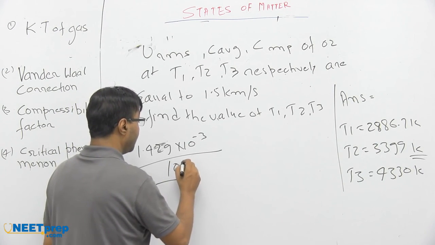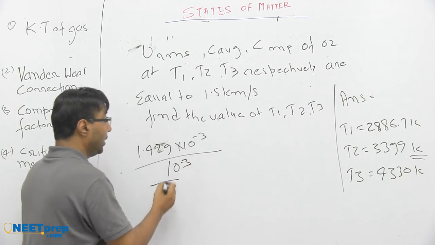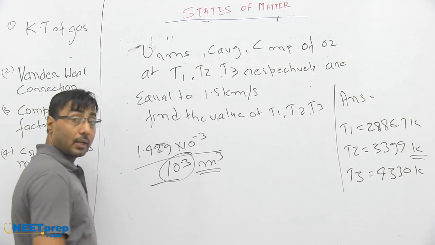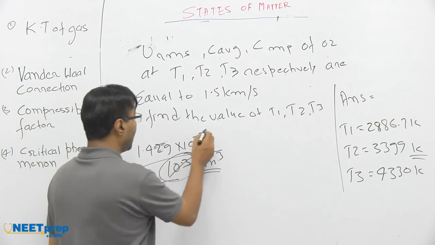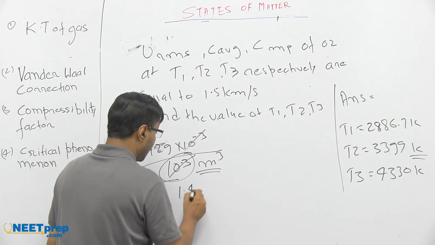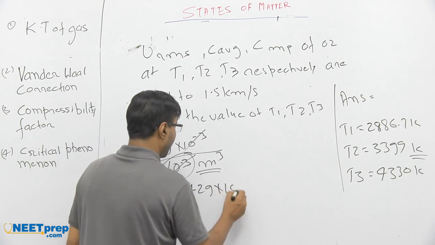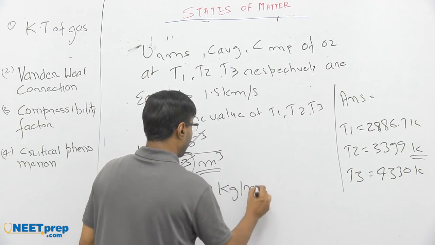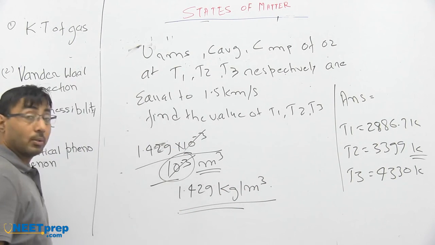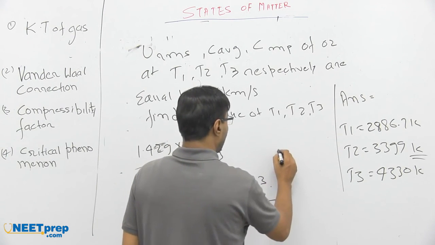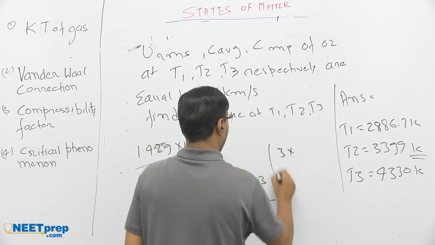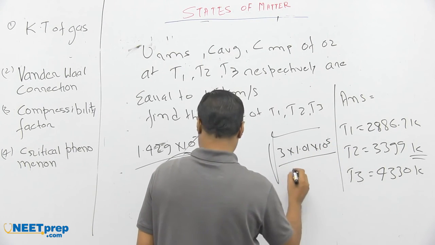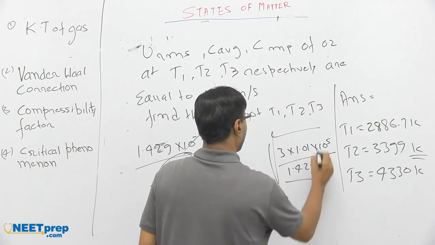So this factor is minus 3, and when it goes up, it is cancelled, giving 1.429 kg per meter cube. And we use the same value there in this formula: 3 into P, where P can be written as 1.01 into 10 raised to power 5 divided by 1.429.